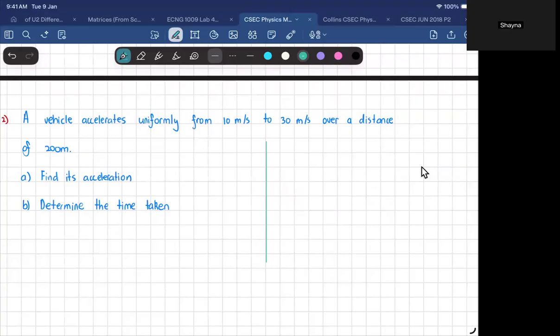So we could safely assume that 10 meters per second was the initial velocity. So u is 10 meters per second. And after it's done accelerating, its final velocity is now 30 meters per second. This happens over a distance of 200 meters.